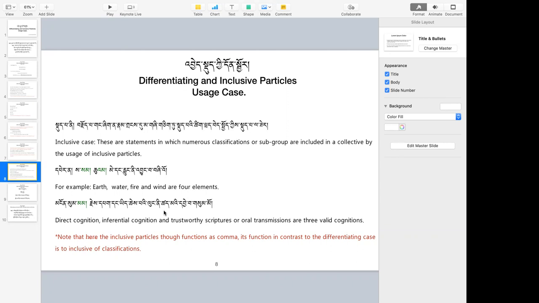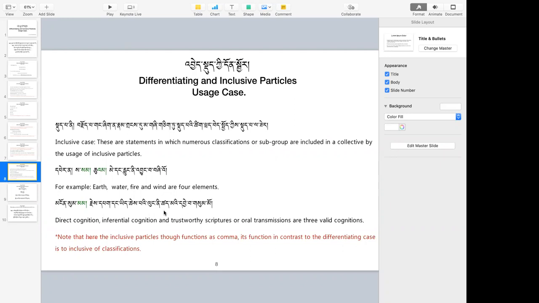Okay, note that the inclusive particles function as a comma, so the representation of the inclusive particles is similar to when it was the differentiating case as a comma. Its function in contrast to the differentiating case is to include classifications. In the differentiating usage case, you differentiate a collective into numerous groups; here we take numerous groups and include them into one collective.